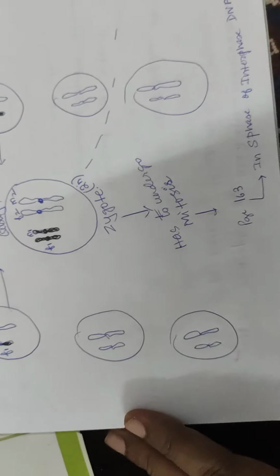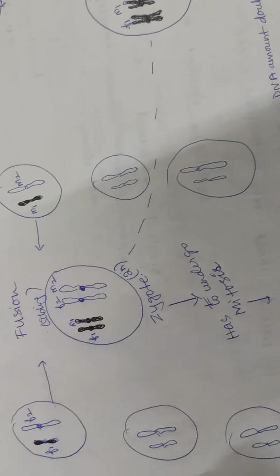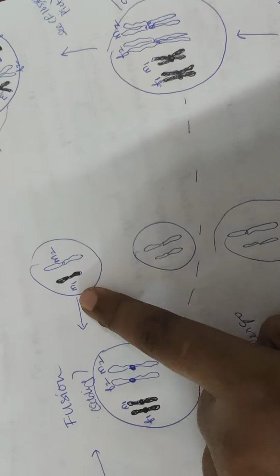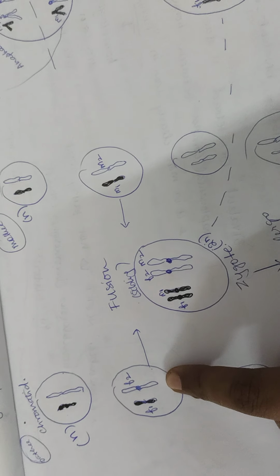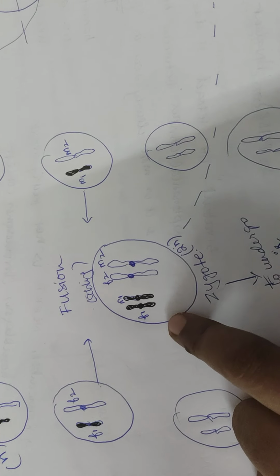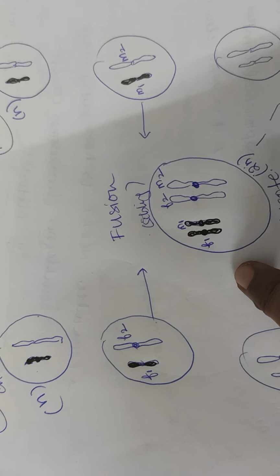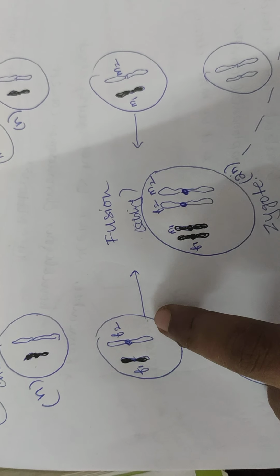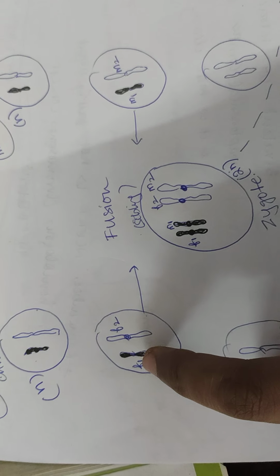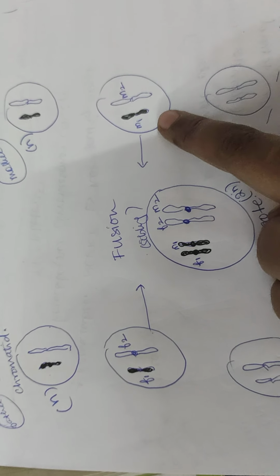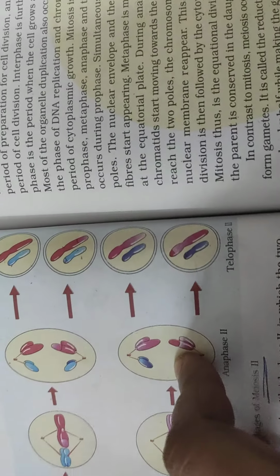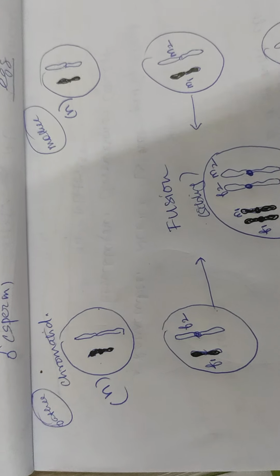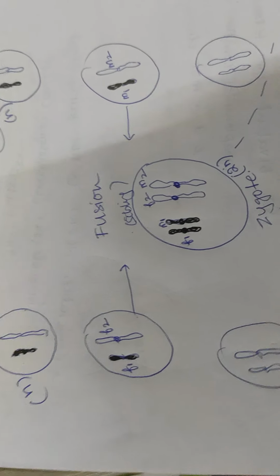So you have 4 haploids and 4 haploids. One of the egg cells will fuse with the sperm, right? And now note how we have done it: from father F1 and F2, that is the blue and the red, and M1, M2 from the mother, similarly blue and the red.